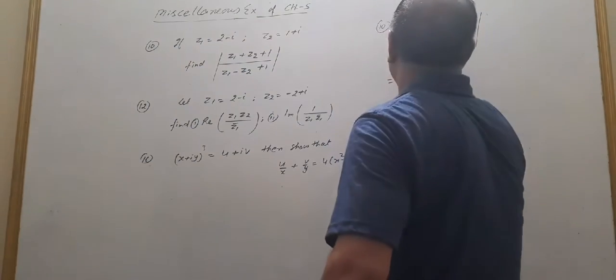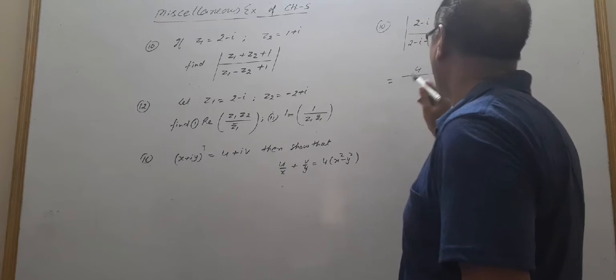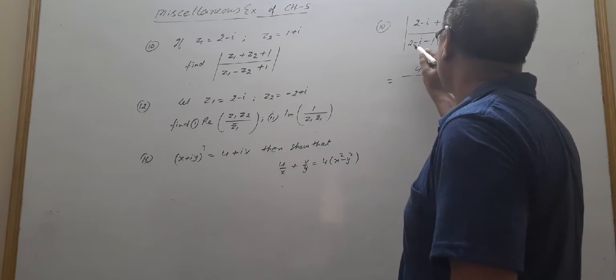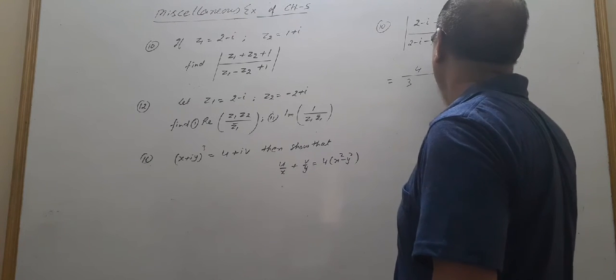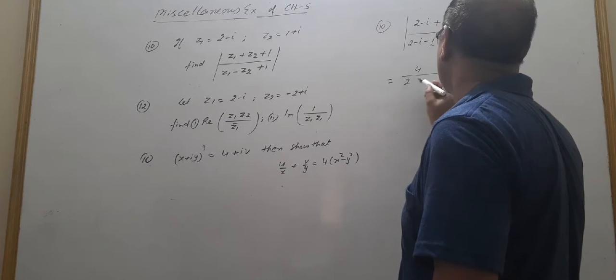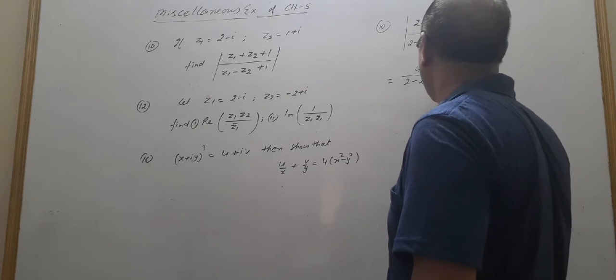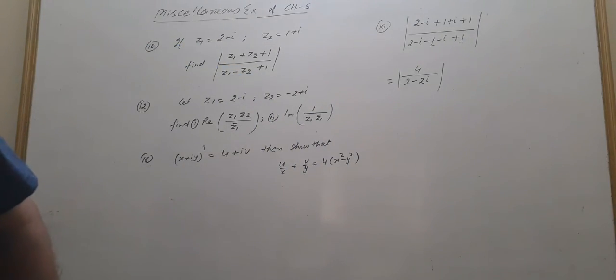In the numerator this is 2. Now this becomes 4 upon, in the denominator, 2 plus 1 and minus 1, so the net result becomes 2. This will cancel, and minus 2 iota, with the mod as it is. Just simplifying, nothing more.